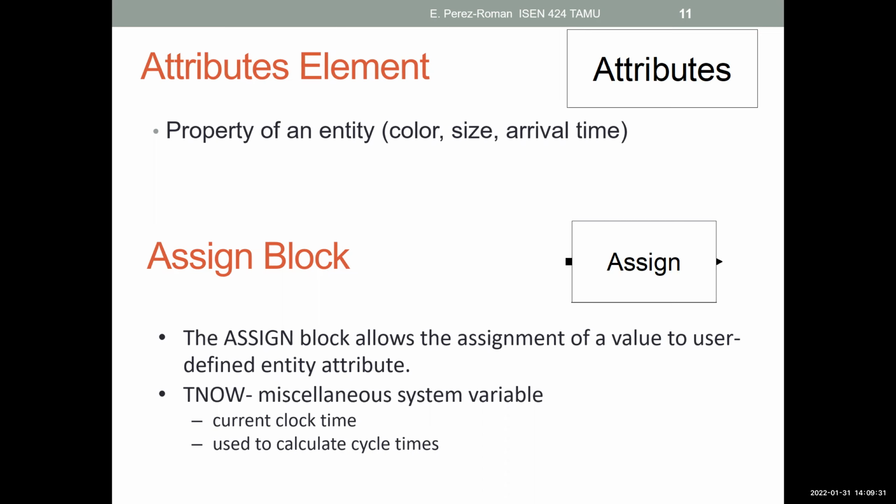For example, if I want to assign the arrival time of an entity to the system, I can do that using an attribute. Say this is the arrival time, and I'm going to assign the time using this system design variable called tnow, which has the current clock time and is used to calculate the cycle times.